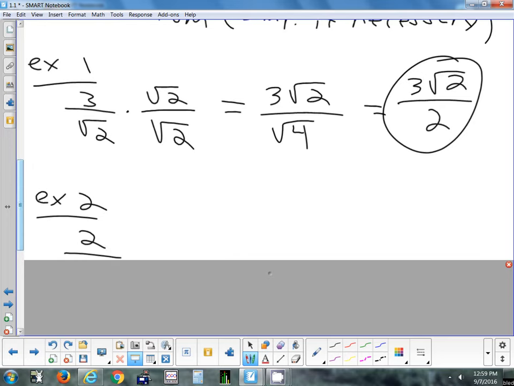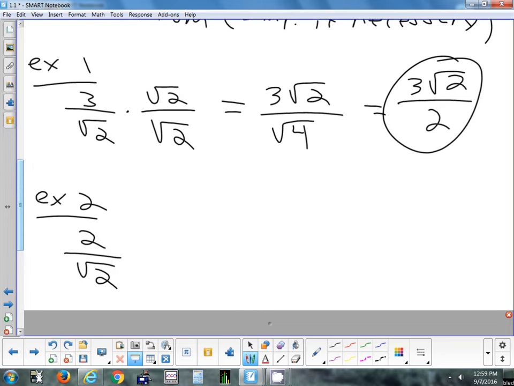All right, let's take a look at this one. 2 divided by square root of 2. What am I going to multiply top and bottom by this time? Careful, not 2. Square root of 2.